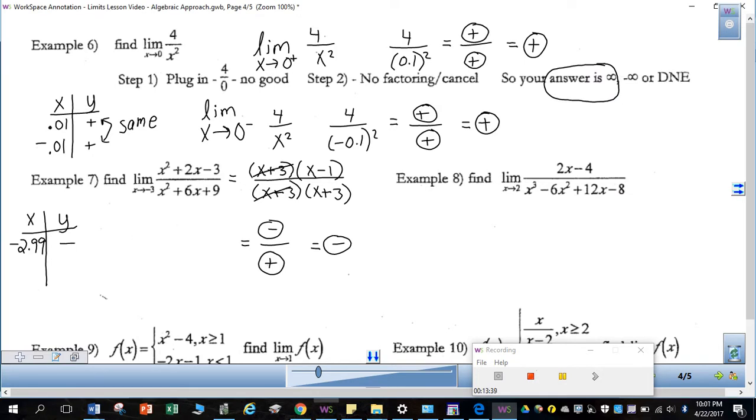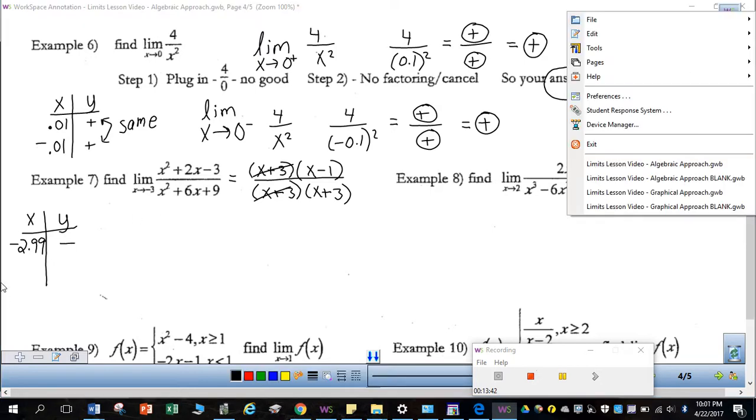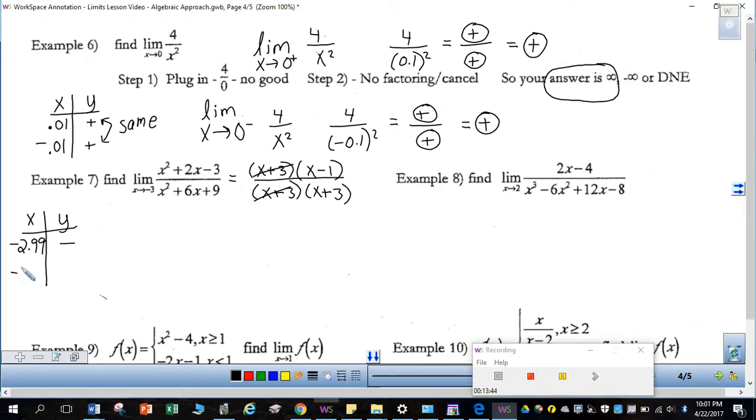Now we'll need to think about what's happening as x approaches negative 3 from the left side. So we'll want to choose an x value that's a little bit below negative 3, something like negative 3.01. If we plug that into our function, the numerator will be negative.